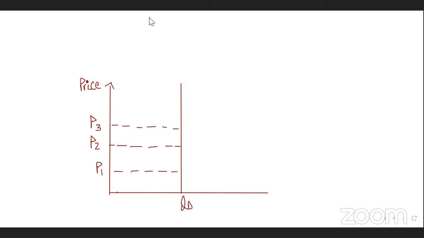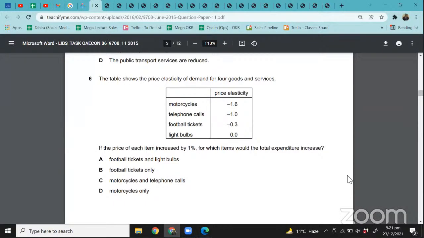In the case of less elastic and perfectly inelastic, how do we know football tickets are less elastic? Because the overall value, ignoring the negative sign, is less than 1, this means less elastic. And similarly, light bulbs, which have a PED of 0, are perfectly inelastic.